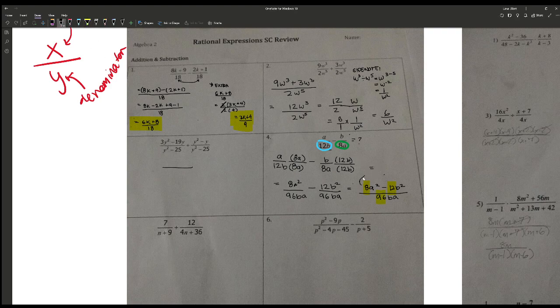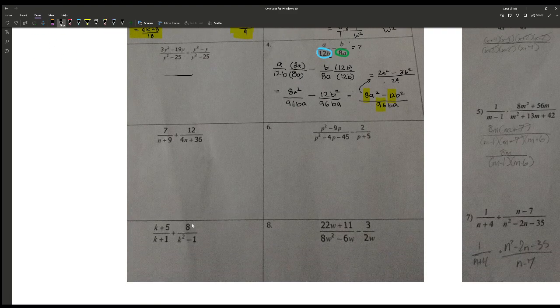So this would give you 2a squared minus 3b squared over 96 divided by 4 is 24. As you can see, we've reduced it as far as possible because 3 is not even and can no longer be divided by 2. So that's what this is.